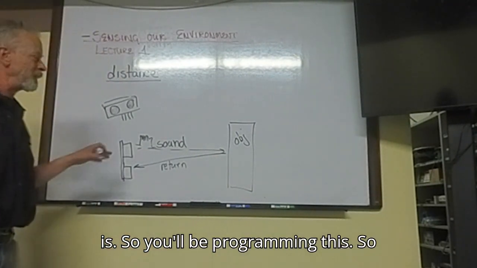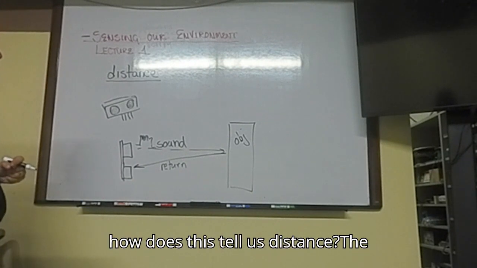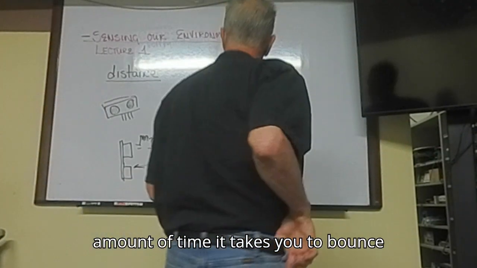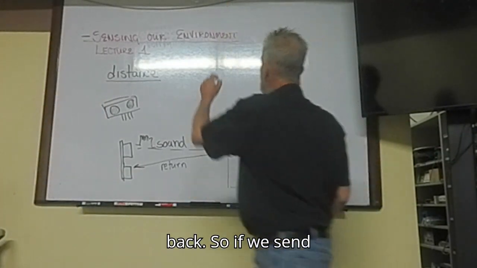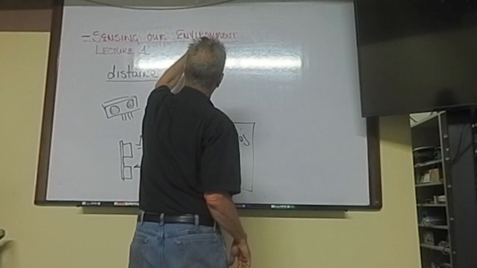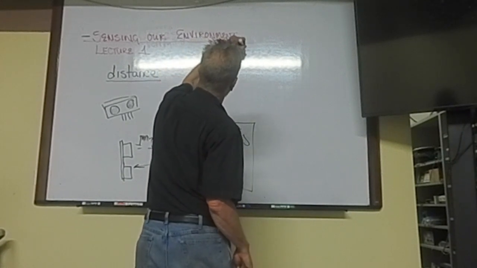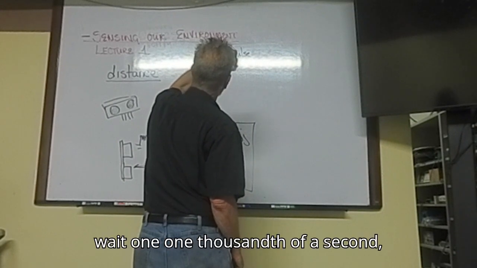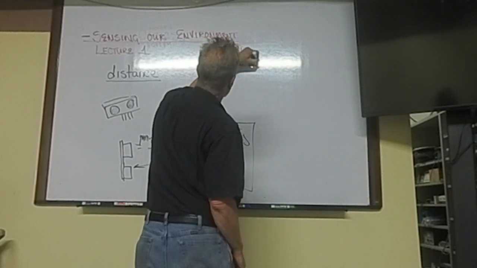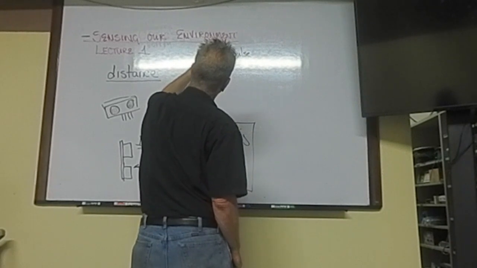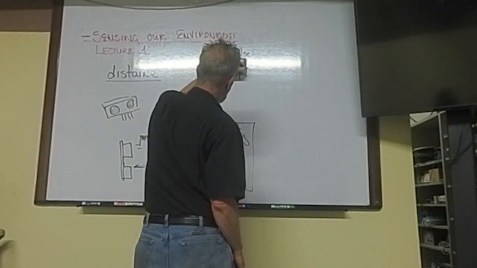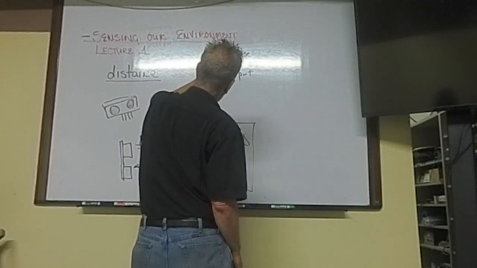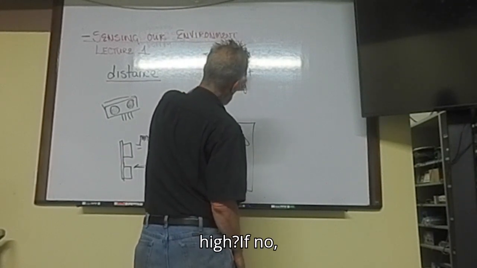So you'll be programming this. So how does this tell us distance? It measures the amount of time it takes to bounce back. So if we send a pulse, wait 1/1000th of a second, read the input, is the input high?